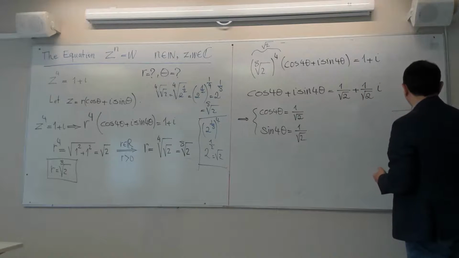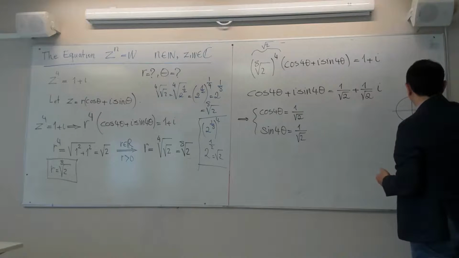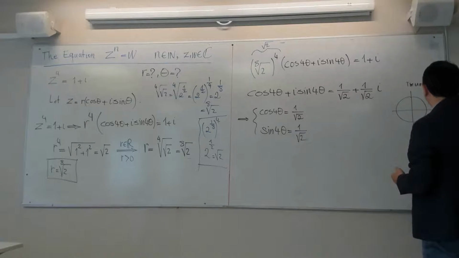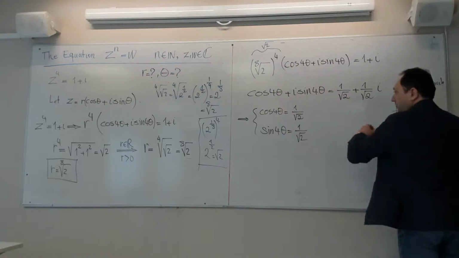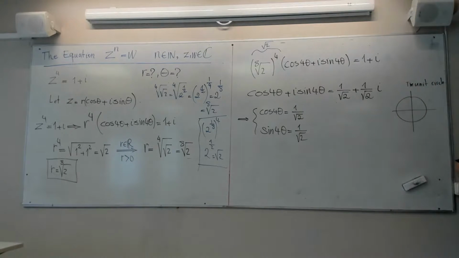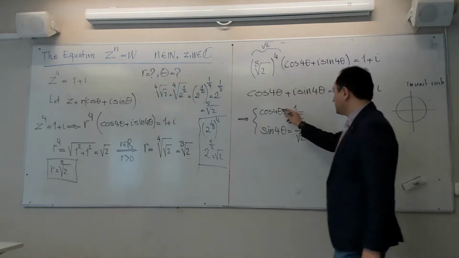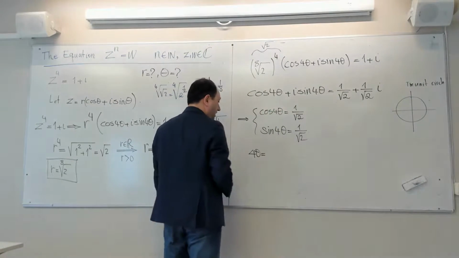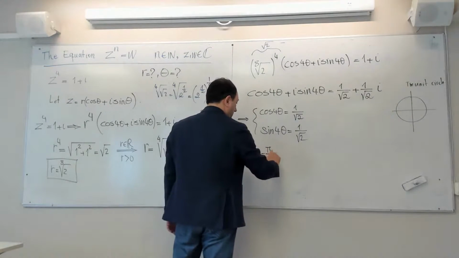So this is a unit circle. So I go to the unit circle. I don't know if you remember, this angle relates itself to 45 degrees. So this means that 4 theta is 45 degrees. Let me write it in radians.